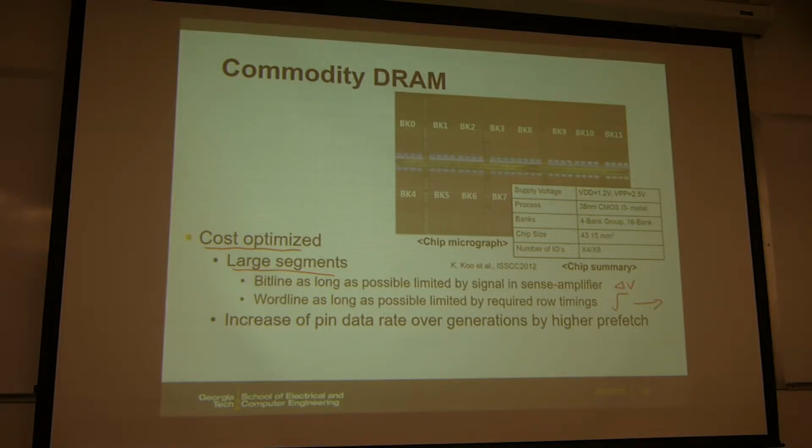Then for the last column, you need to satisfy the timing requirement. If the word line is too long, then there will be too much delay. And here this is just an image for the commodity DRAM at a 38 nanometer node. This is from 2012.